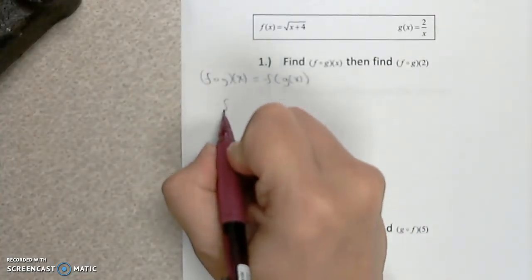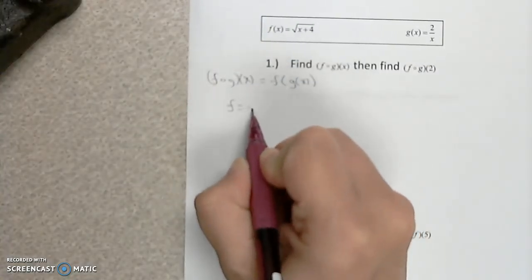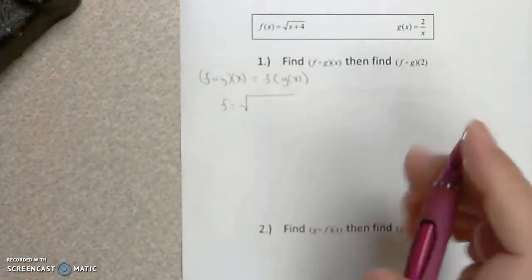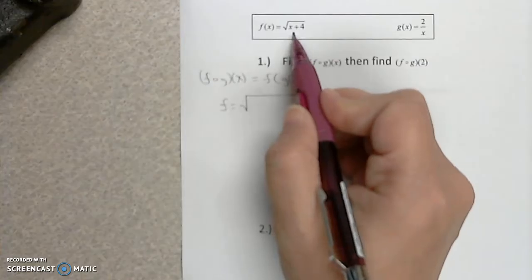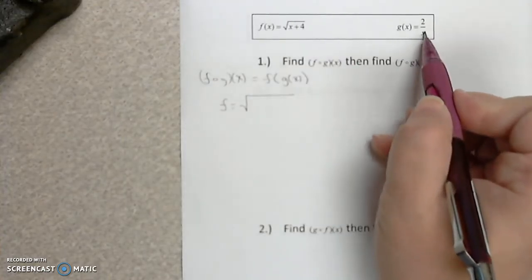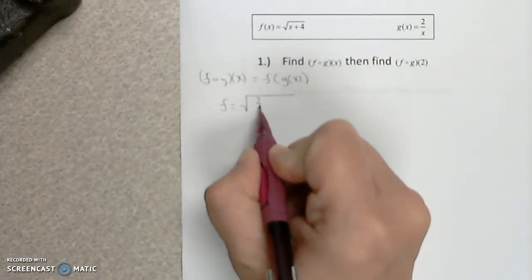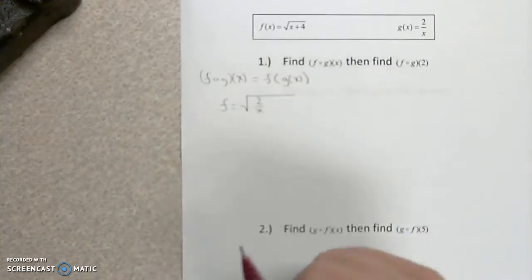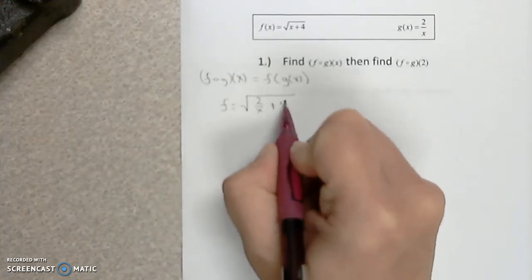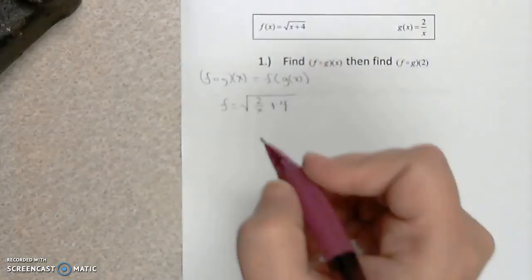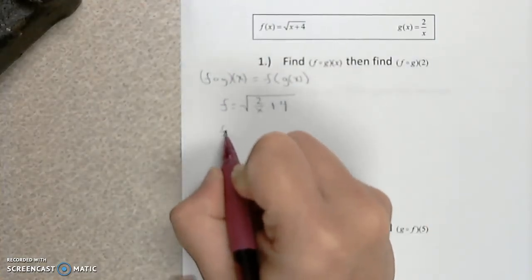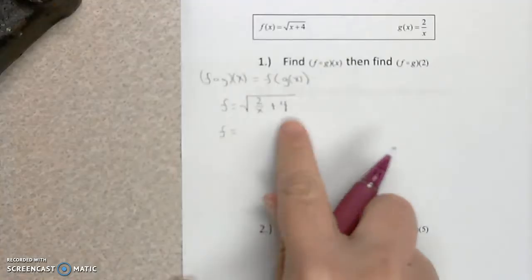So here is function f. It's the square root of x plus 4. But instead of writing the x, I'm going to put g of x. So instead of x, I'm going to put the function g, which is 2 over x, plus 4. That's my function.